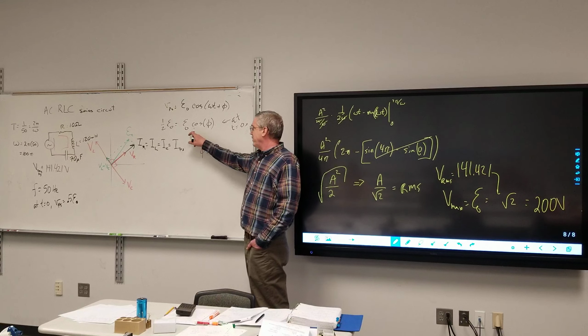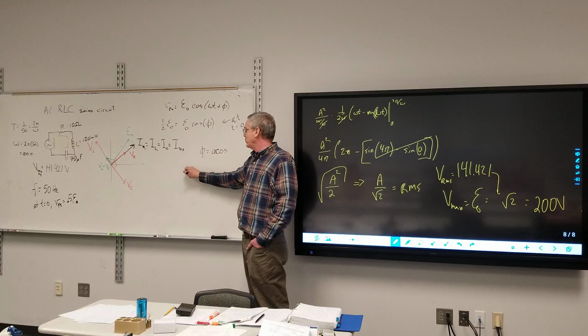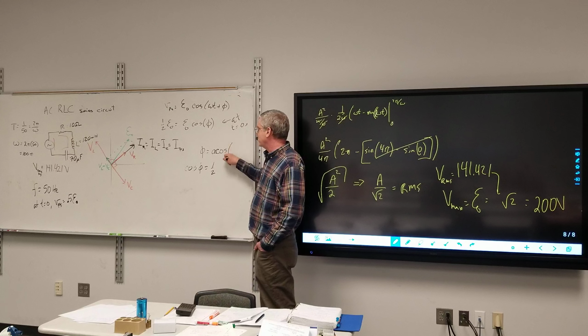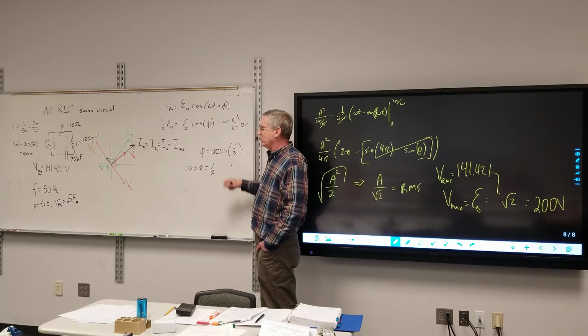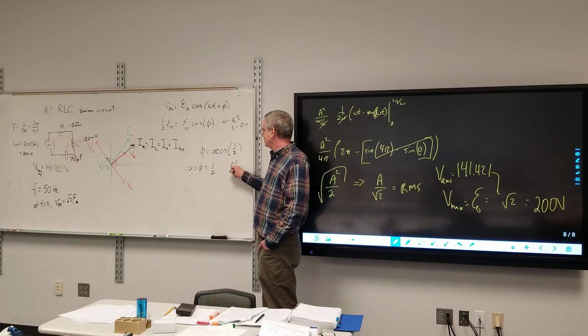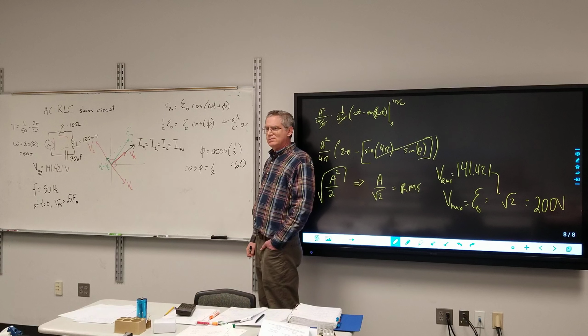All right, so if I divide by epsilon sub naught, I get the cosine of phi is equal to 1/2. So this is the arc cosine of 1/2, which is 60. Is it?